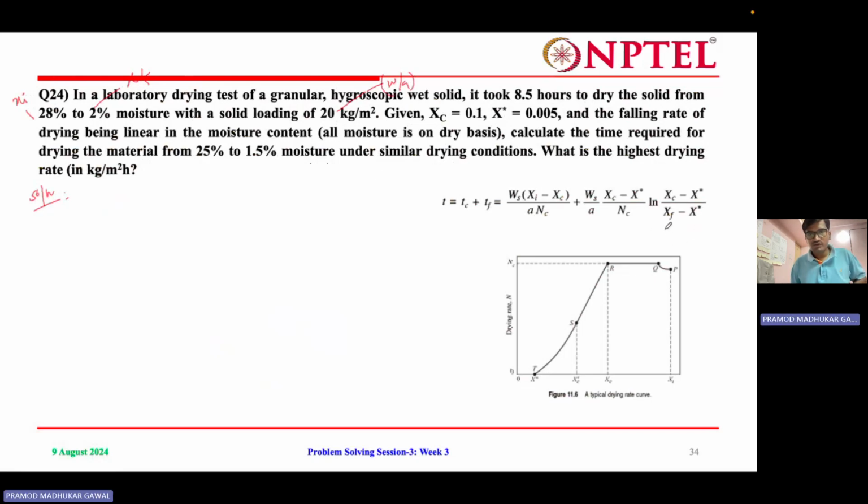So we put these in this equation, and in case one, we just have to calculate this Ws by Nc, which is 23.92.